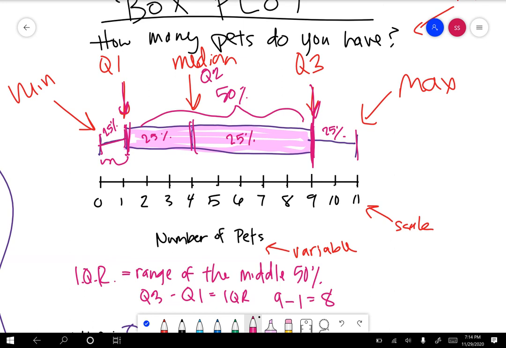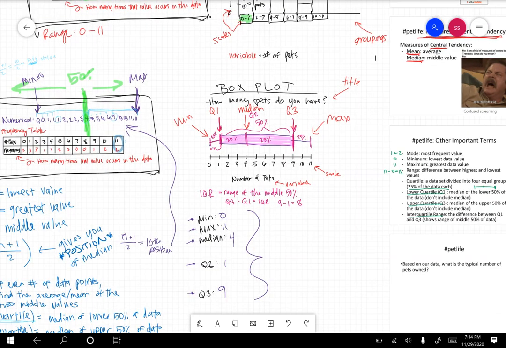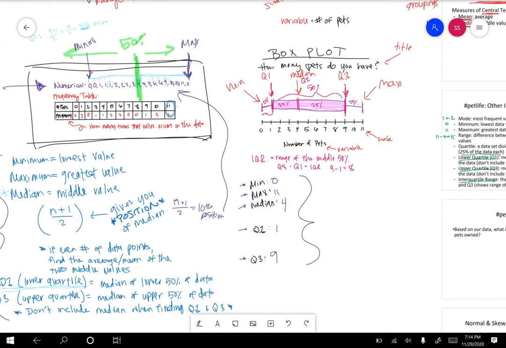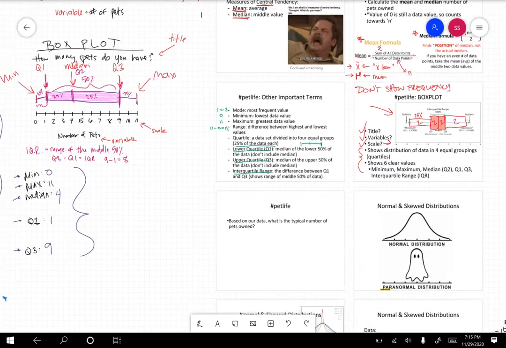So the interquartile range, or the range of the middle 50% of the data, is 8. Okay, I think that's it for box plots. Let me just zoom out and make sure we talked about all of that. Yes, we did. Leave it there for a second if you need to pause. Okay. Box plots. Okay.